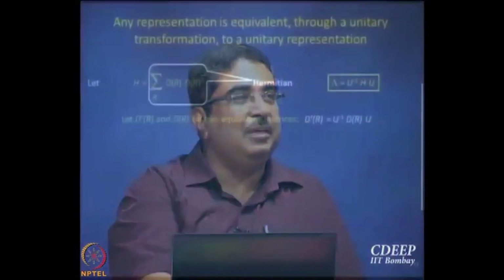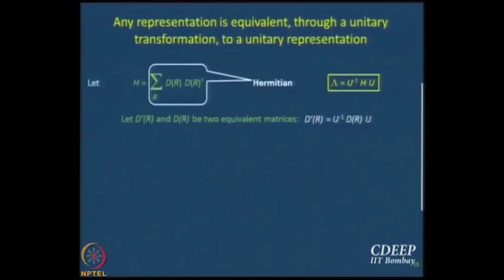D prime(R) is a little less innocent, because D prime(R) is obtained by the similarity transformation of D(R), right. Of course, anybody can call my bluff at this point and say that it is also possible to get D(R) by a unitary similarity transformation of D prime(R). That is right, but what we are saying is that we start with D(R), perform a similarity transformation and get D prime(R).